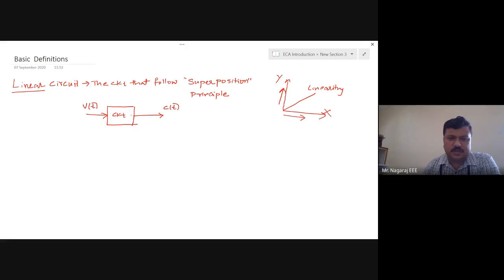Now, this circuit is giving some output C of t when the input given is V of t.